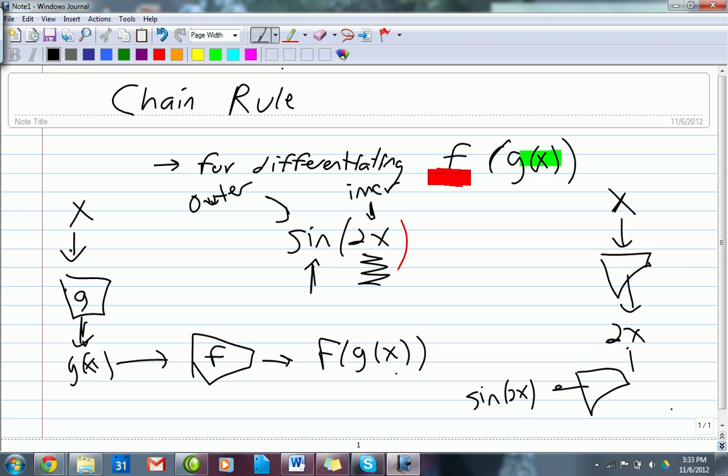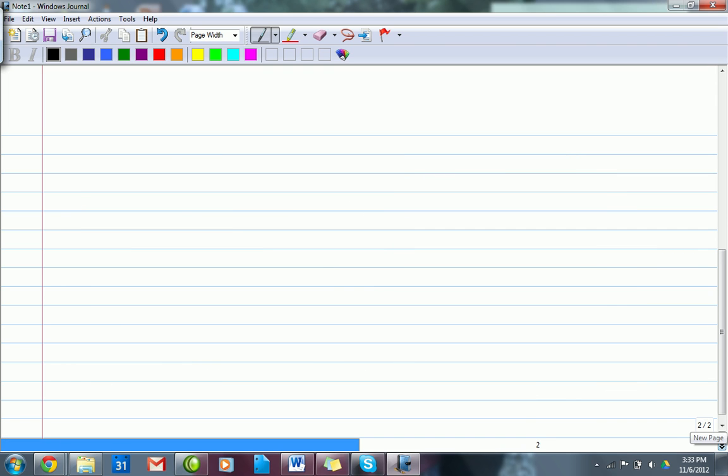Okay, so let's talk calculus for a hot second here. To differentiate a composition of two or more functions, we'll first start with two functions. So we'll call it f of g of x. What we first do is we differentiate the outermost action.